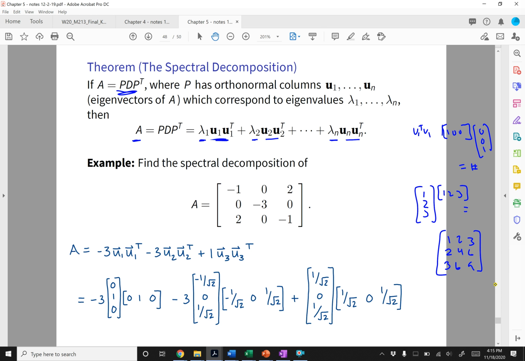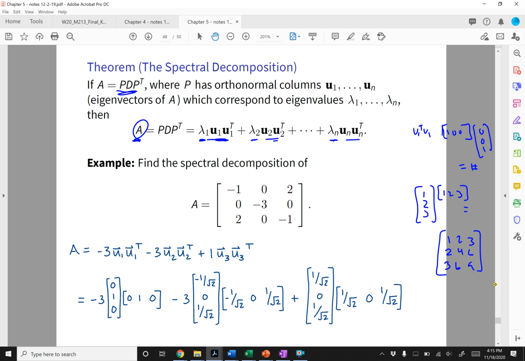And what this says is that we can rewrite A as a sum of eigenvalues times a bunch of these rank 1 matrices. The rank 1 matrices are these special products, sometimes called an outer product of these vectors, where the dot product is sometimes called an inner product. But these are the outer products.